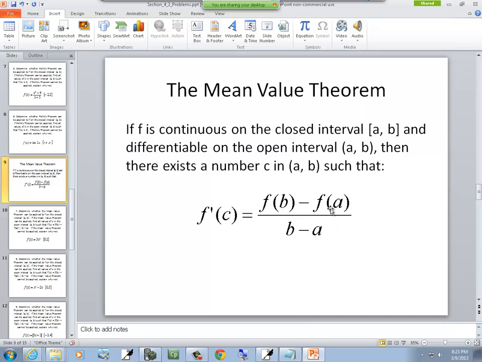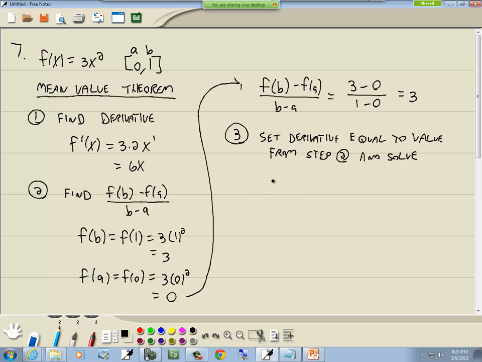Find f of b minus f of a over b minus a, find a derivative, set them equal to each other, and solve. So our derivative was 6x equals, and then the value from step 2 was 3. Now I divide both sides by 6, and 3/6 gives us 1/2.